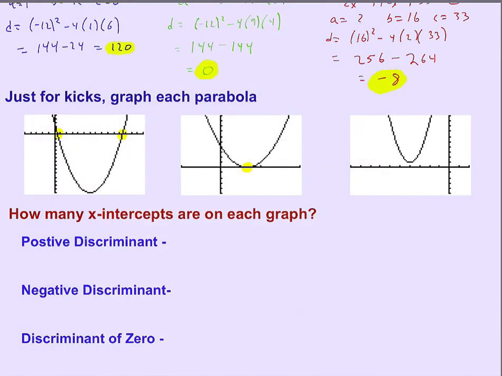Whenever there is a positive discriminant, there will be 2 real roots. We'll get back to that in just a second. When there's a negative discriminant, there are no x-intercepts, but there are 2 imaginary roots.